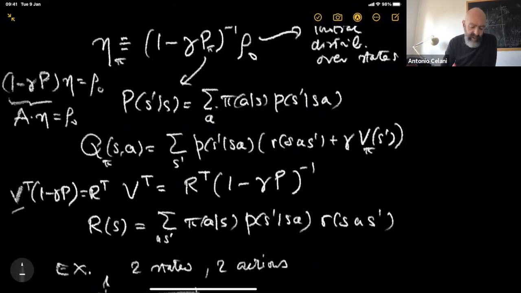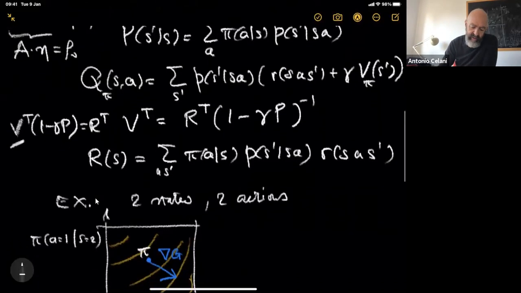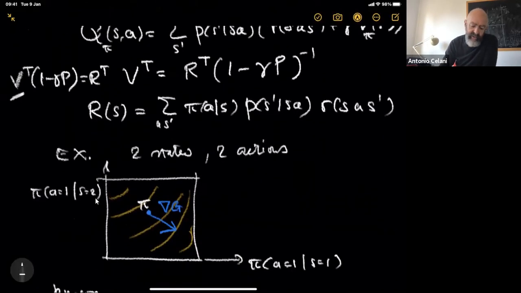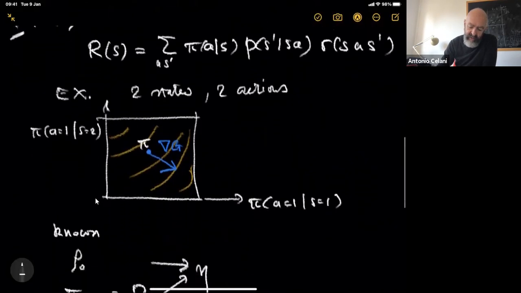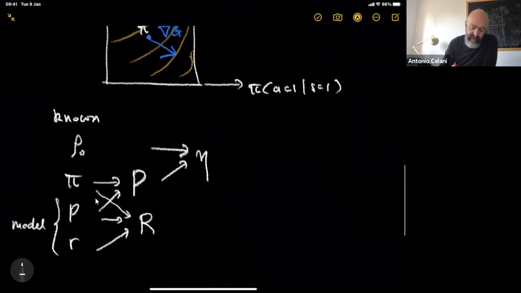So this is your unknown, this matrix you know, and this row of entries you know. So it's just an inversion, and you know that the matrix you have to invert is well behaved. And then this means that if I combine P and R, I can get my value function.